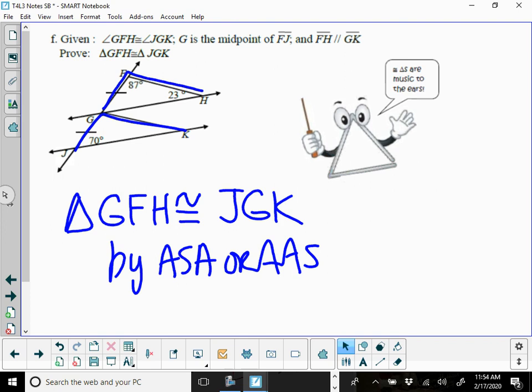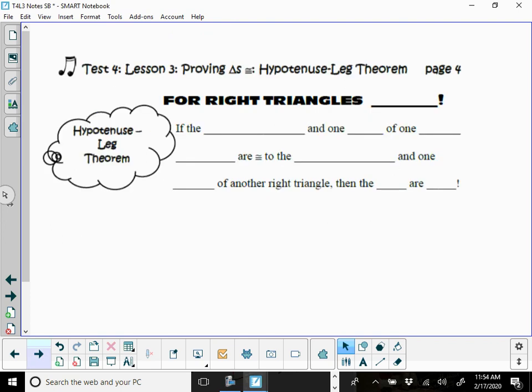All right, so that takes us to the very last theorem that we have, which is our hypotenuse leg theorem. Notice the hypotenuse is the side opposite of a right angle in a right triangle. Therefore, we are only dealing with right triangles. So this is for right triangles only.